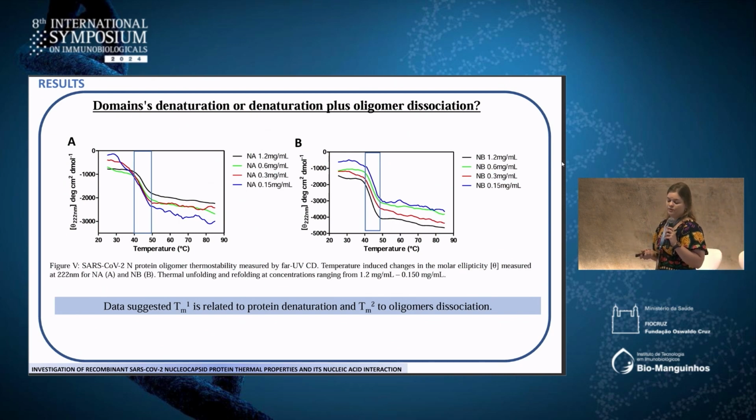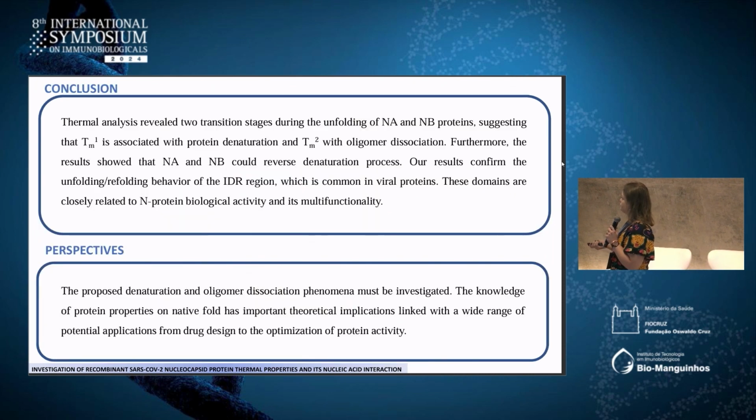A paper published in 2018 showed that the protein had the capacity of dissociation and denaturation with a profile like what we can observe in SARS-CoV-2. This way, we can suggest that temperature 1 is related to a process of denaturation and to the oligomers. We can conclude that the proteins NA and NB have the capacity to reverse this process, secondarily and tertiarily as well.